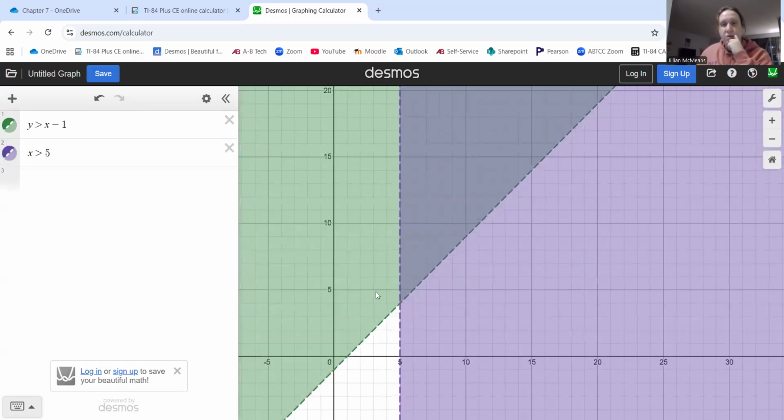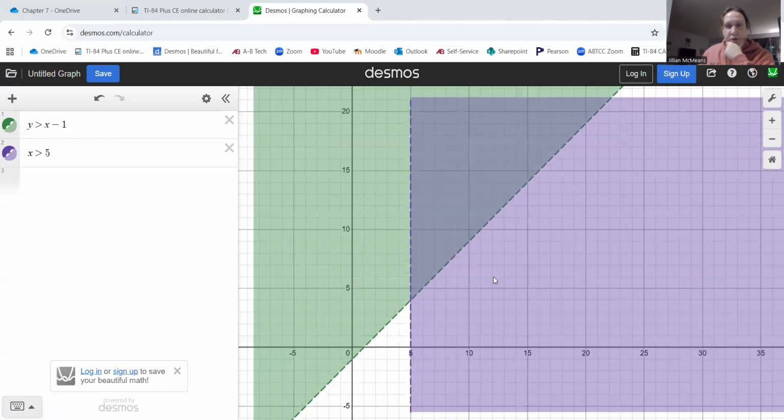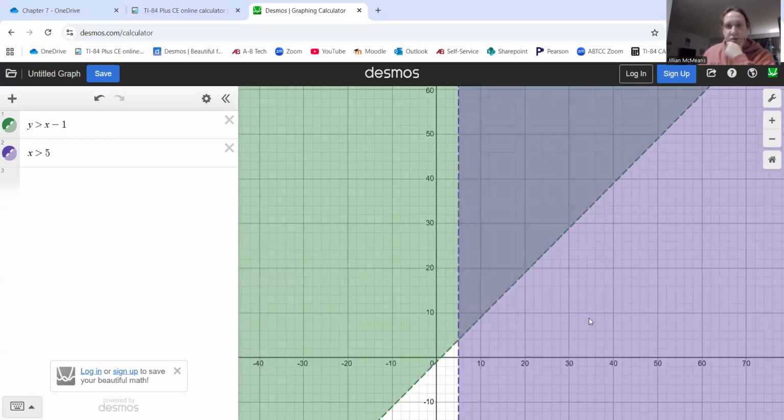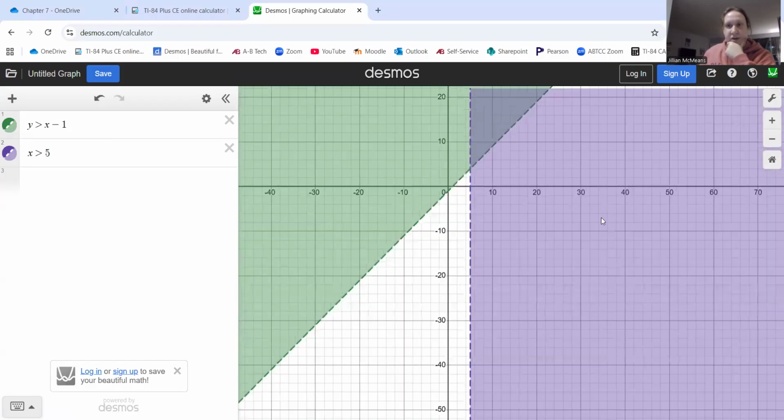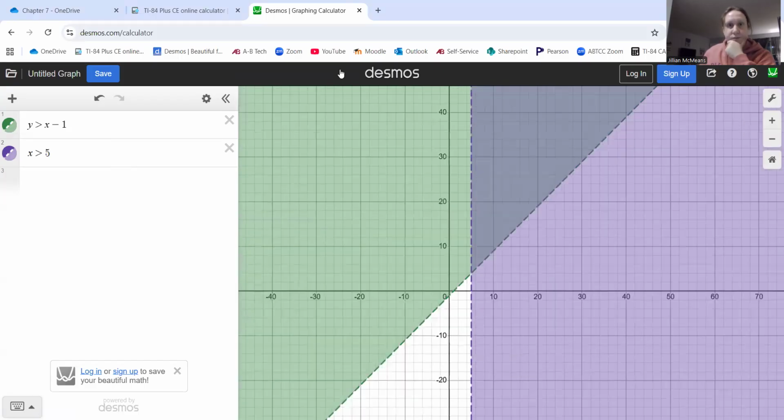Okay, so you can see here we have a vertical line going through 5 on the x-axis, both with dotted lines. And in this case, for the second inequality, we shaded to the right, so you can see this darker purplish color. That's the solution, okay? If we zoom out, you can see better. So there we have it.